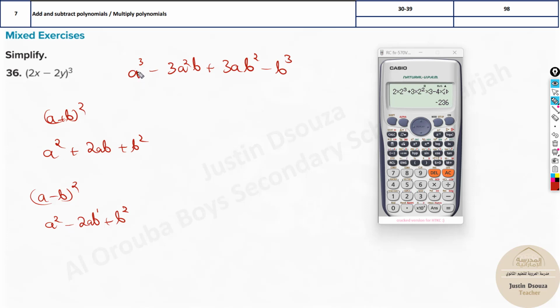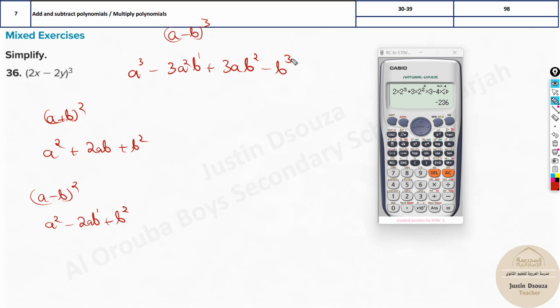Here also, if you look carefully, it is a minus b the whole cube. When it's a cube, but a is positive, so a cube, that's fine. Here minus, why? Because a squared is always positive, but b is power 1. So minus will sustain. Here it is squared, so you will have positive, whereas over here b cube, right?